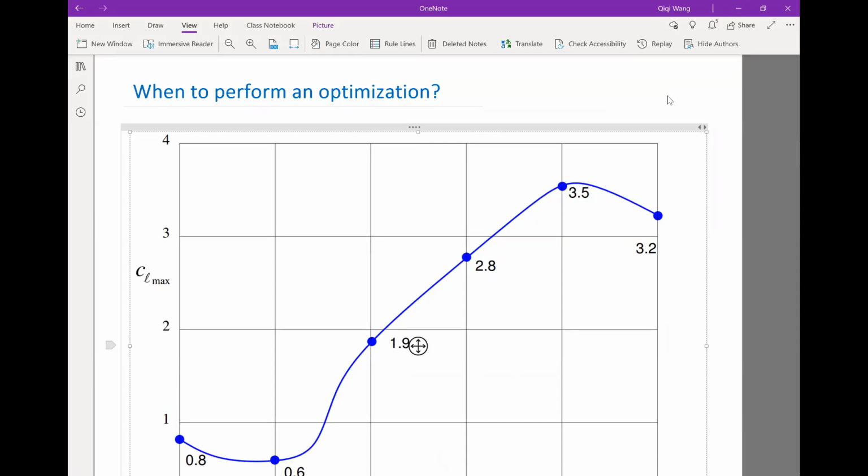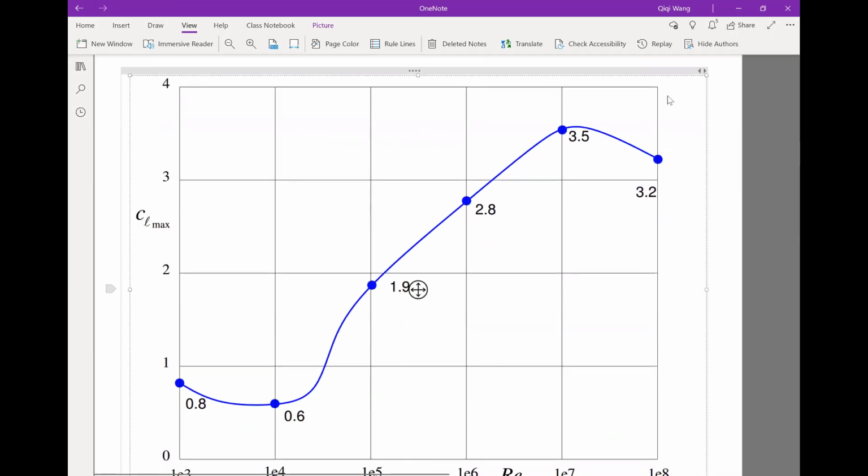Let me give you some examples in aerodynamics. For example, if we want to design an airfoil and maximize the amount of lift that can be generated by the airfoil, that's basically looking at CL max. CL is the lift coefficient, right?